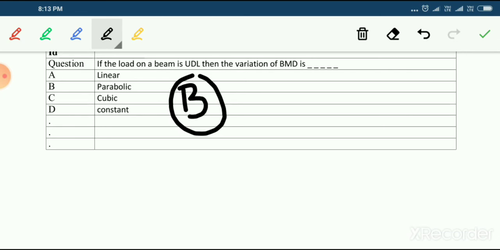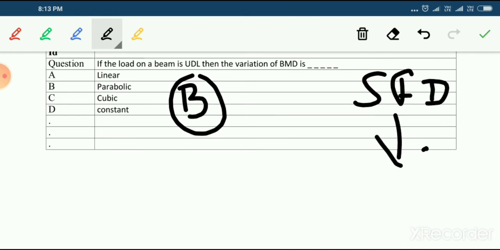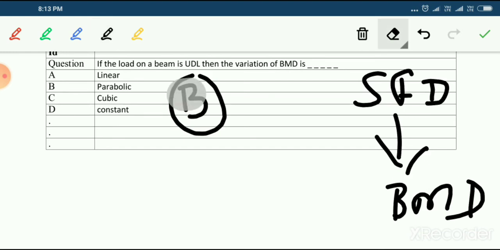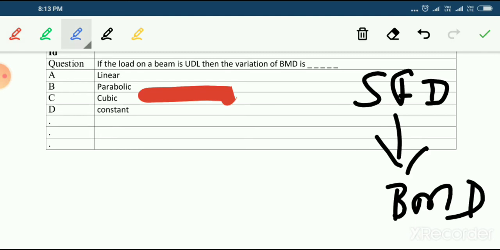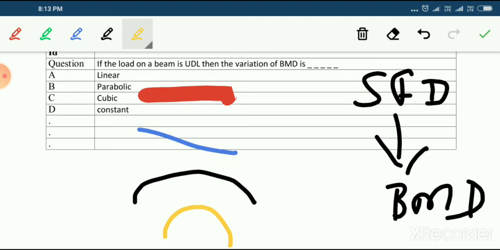I will tell one simple funda. You have to remember the sequence for converting SFD to BMD. First straight line, next inclined, next parabolic, next cubic.